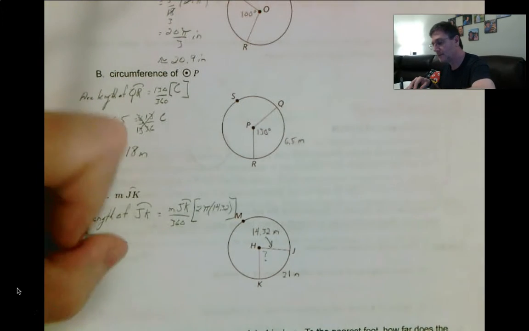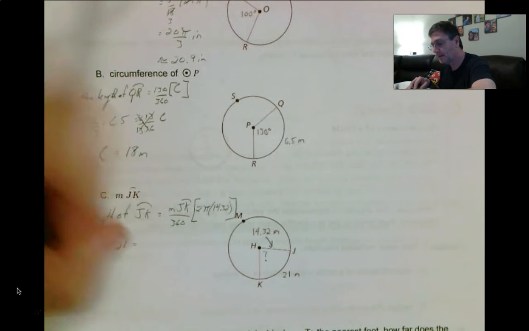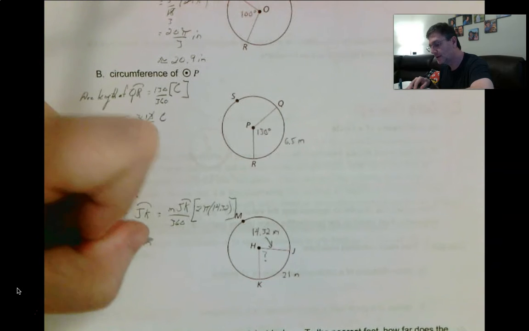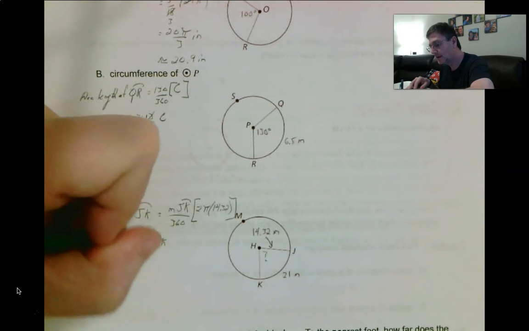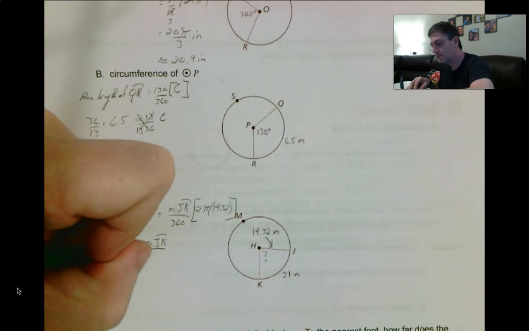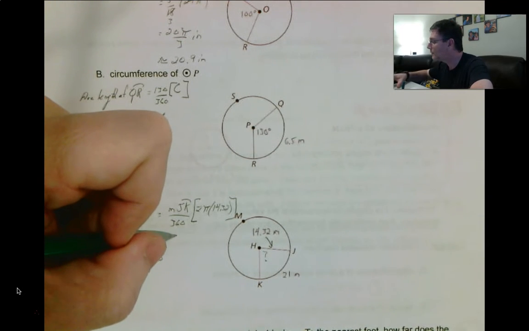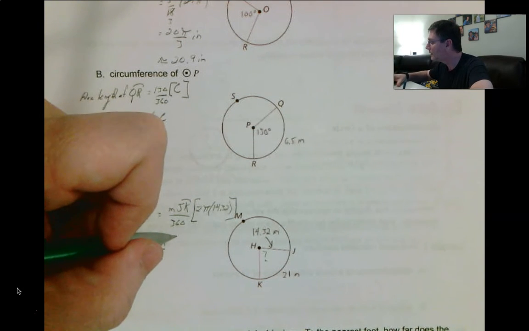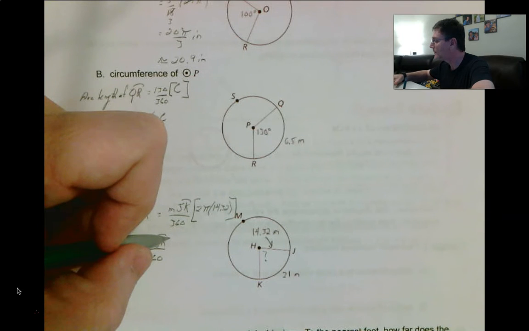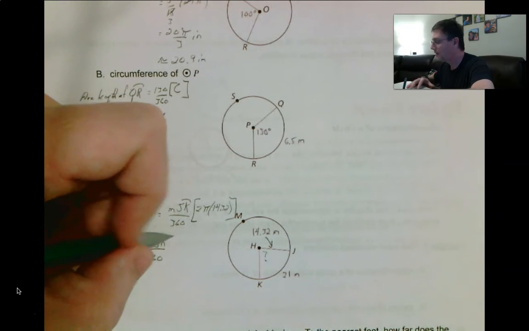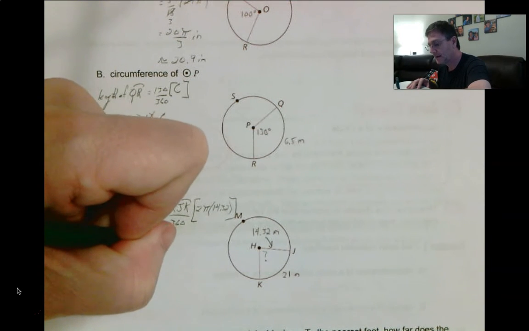The arc length is 21 equals measure of arc JK over 360 times 14.32, it's going to be 28.64 pi.